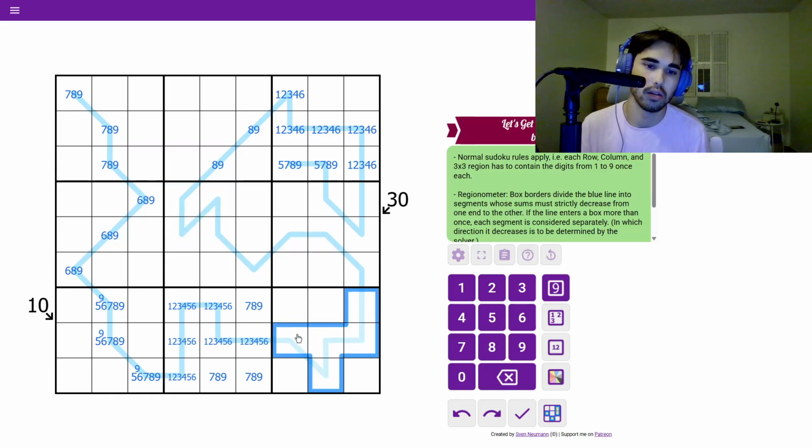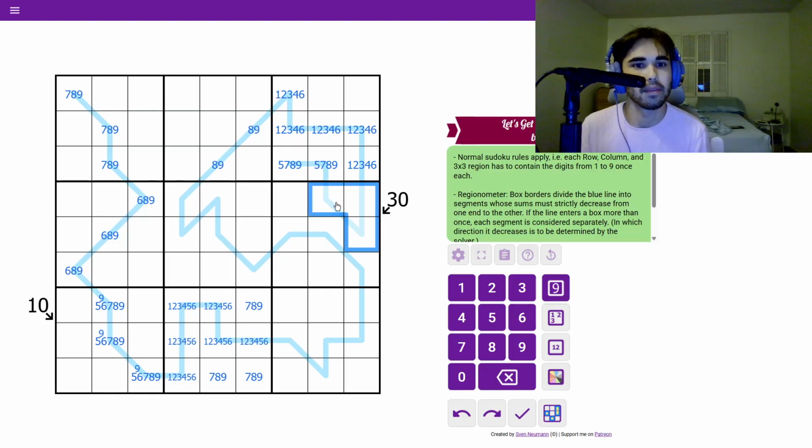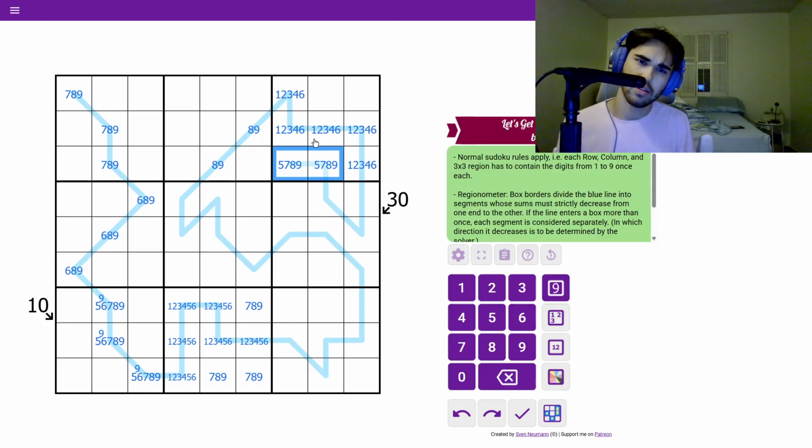This is 20. 20, 19, 18, 17, 16. Oh, can it... Right, you can't even... I guess you could get to 14, 5 and 9. I suppose you could. What are our options here? I got to consider that. Well, it can't be 12 because then we'd be forcing 8 and 9 in the top right corner, and we know we can't do that. So it's at least 13.